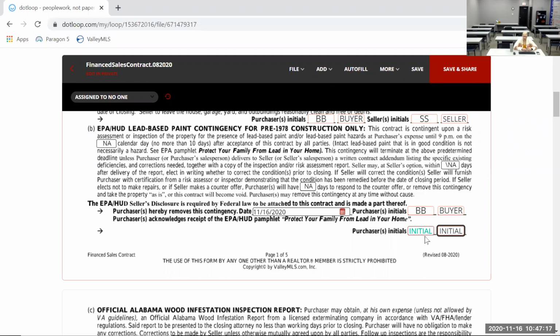And when we got the lead-based paint disclosure from the seller, it said that the seller was aware that there was possible lead-based paint in the home because it was an older construction. And the purchaser decided that they didn't want to move forward with the purchase simply because it was too risky for her daughter. Well, since she had signed removing the contingency, guess what? She was in breach of contract and they ended up losing their earnest money.